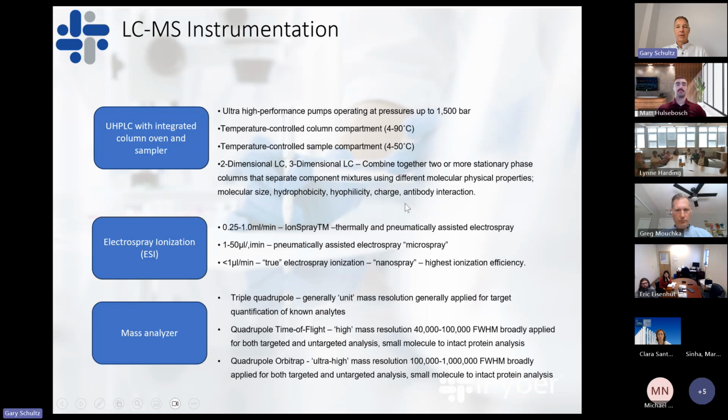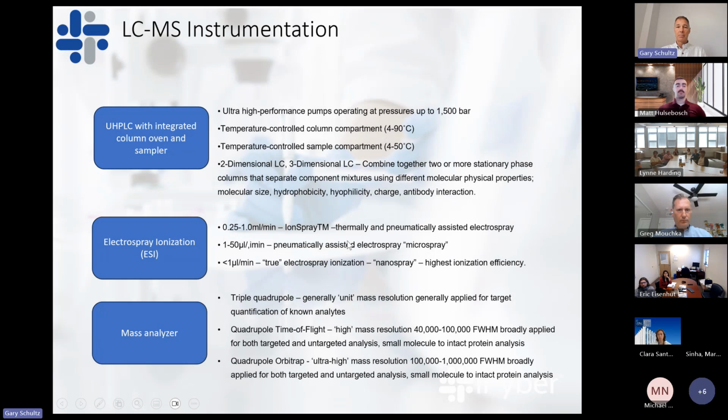I'll get into this in a subsequent slide, but LC has significant advantages in terms of the chemistries now available with HPLC technology, able to separate molecules based on their physical properties, such as molecular size, hydrophobicity, hydrophilicity, charge, and, with the use of antibody columns, antibody interaction.